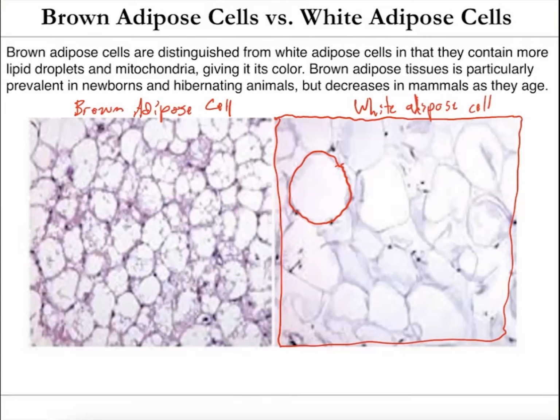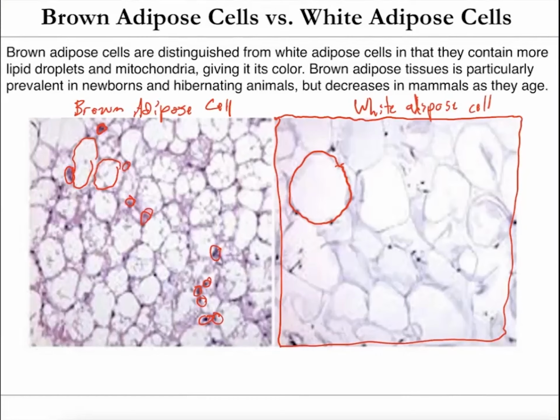Now, brown adipose cells are a little different because they can have more than one smaller lipid droplet, and they have a bunch of mitochondria, which is what gives them this darker color. You can see some of these mitochondria here. Brown adipose tissue is more prevalent in newborns and in hibernating animals, but the amount of brown adipose tissue decreases in mammals as they age.